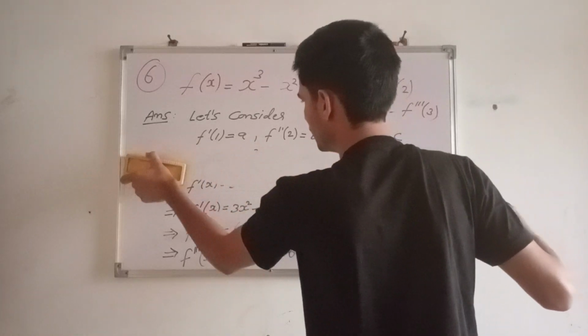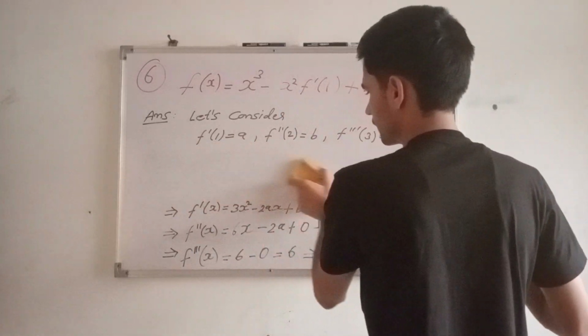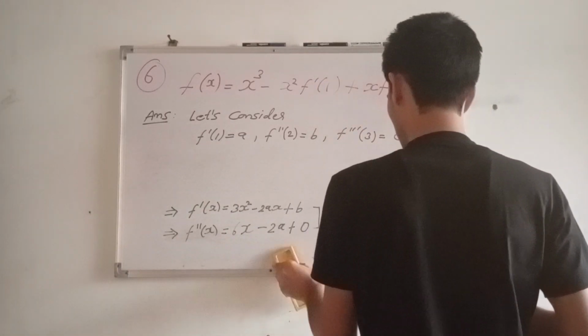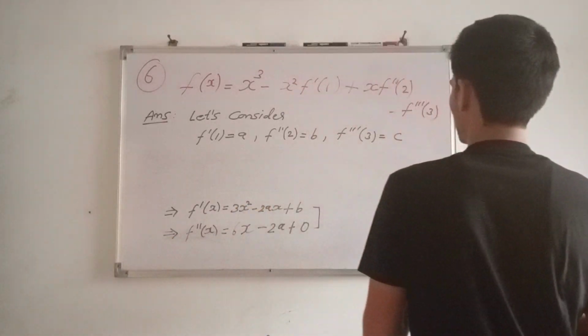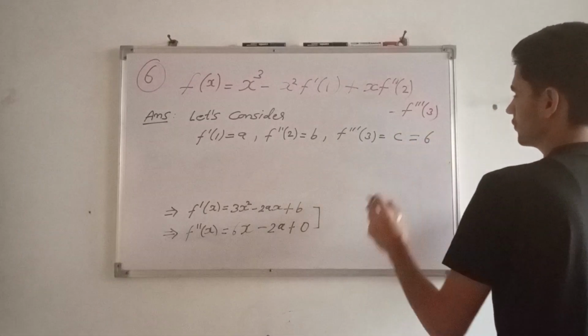This can be removed. This can also be removed. We have got c is equal to 6. We will use that. We have got f dash 3 is equal to c is equal to 6.